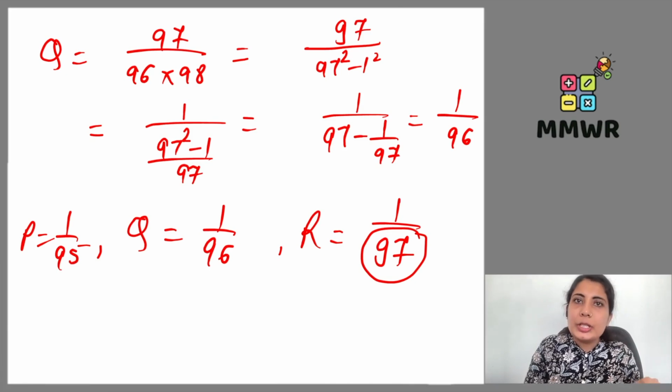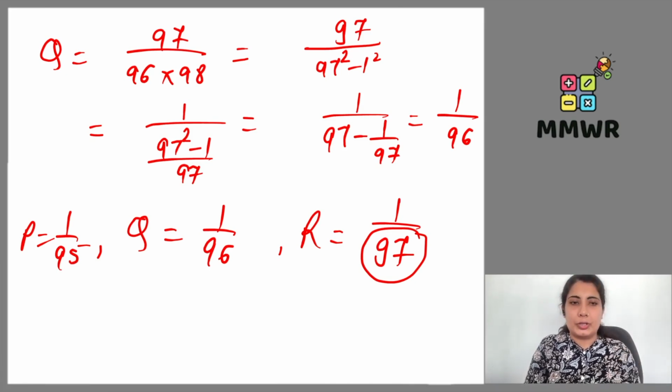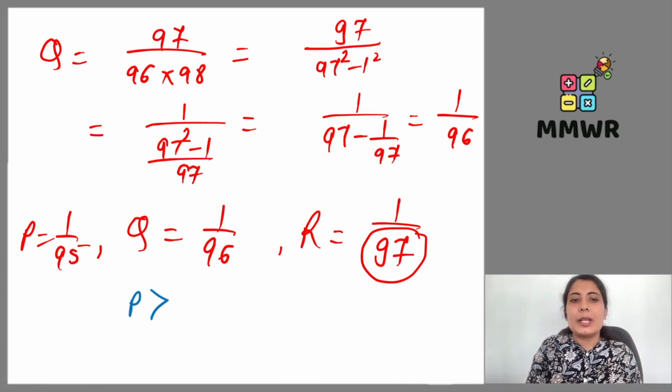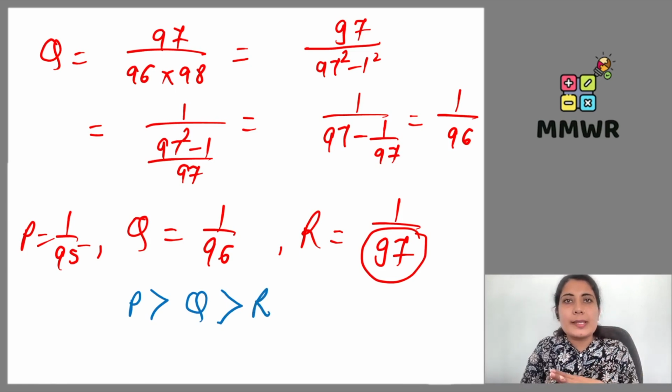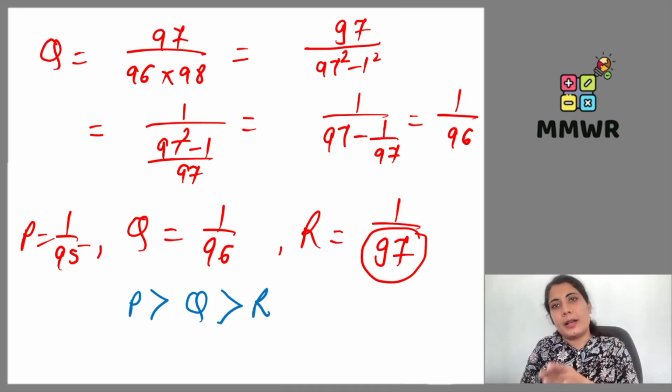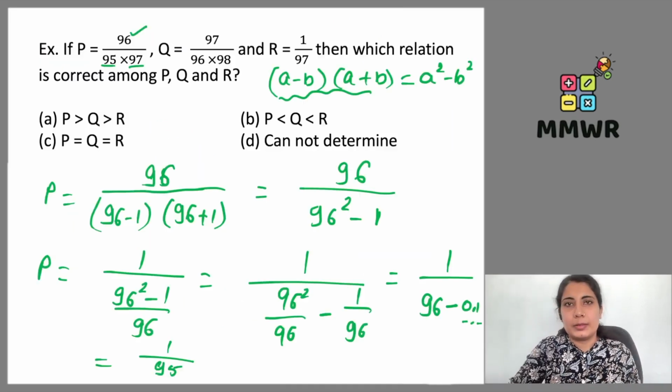So a lesser value in the denominator gives the bigger fraction. So P is greater comparatively to Q and R. Q is greater comparatively only to R. So the sequence is P is the biggest one, Q is lesser than P, and R is the smallest one. So P सबसे बड़ा है. So this is the answer.